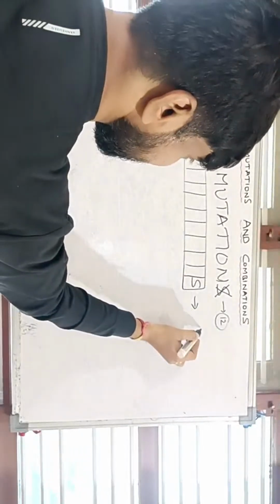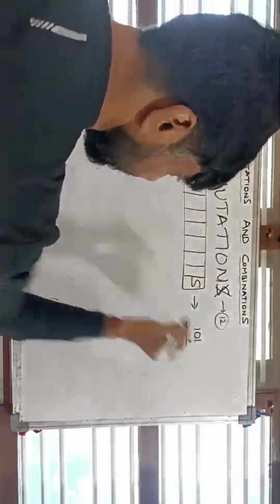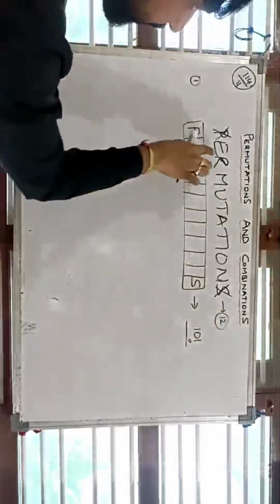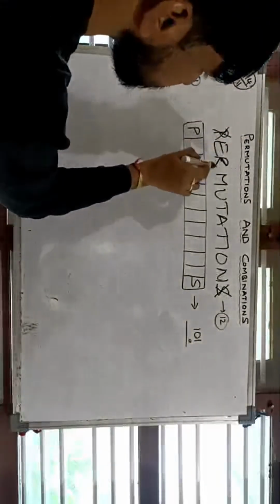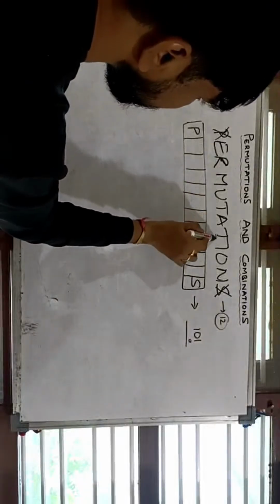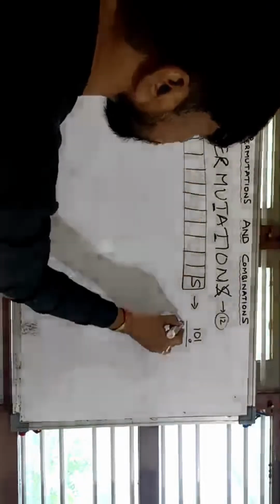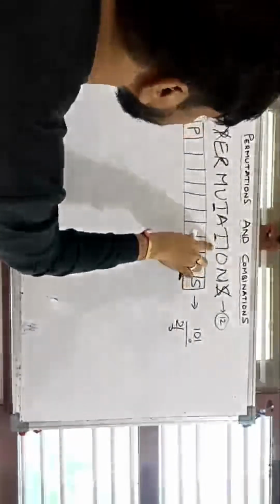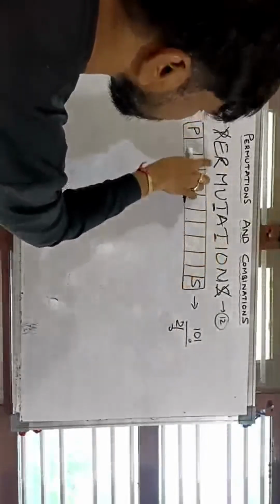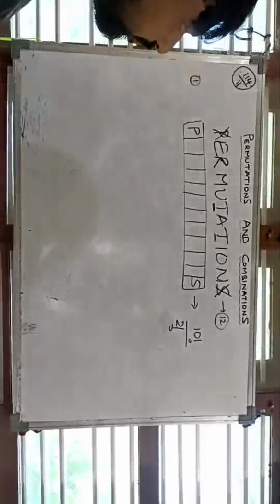How many ways? 10 gaps, 10 letters can be filled in 10 factorial ways, divided by repetitions. You check: is there any repetition? T is repeated 2 times, so divided by 2 factorial. No other letter is repeated. Yes, this is your answer.